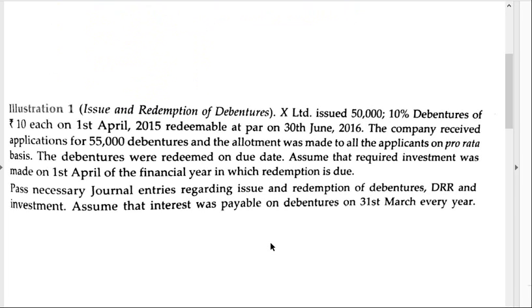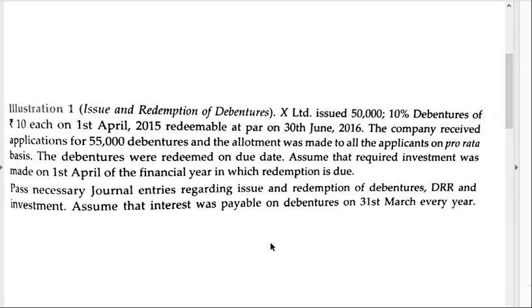X Limited issued 50,000 10% debentures of rupees 10 each on 1st of April 2015, redeemable at par on 30th of June 2016. The company received applications for 55,000 debentures and allotment was made to all applicants on pro rata basis. The debentures were redeemed on due date.